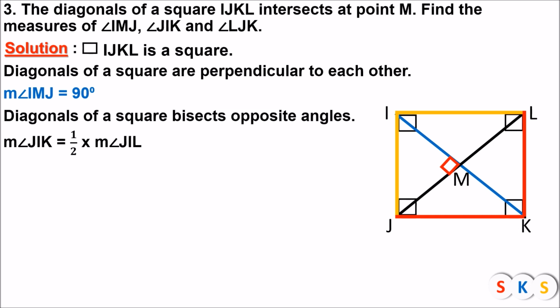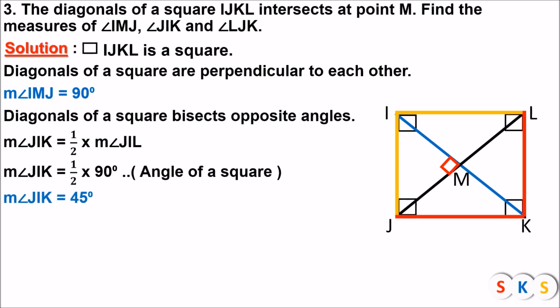Since it's an angle of a square and we know each angle of a square is 90 degree. So now we are going to substitute here measure of angle JIL in this equation. So we will get measure of angle JIK equals 1 upon 2 into 90. Now cancel 90 degree by 2. So you will get measure of angle JIK equals 45 degree.